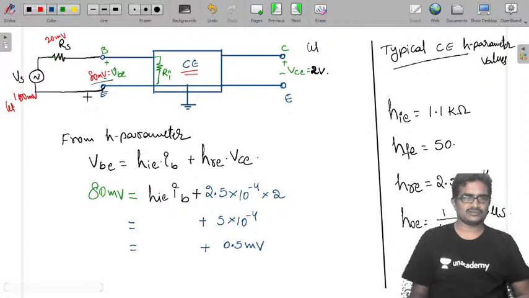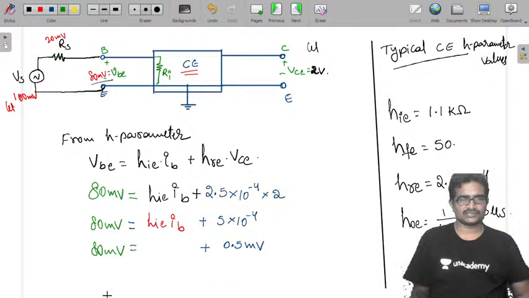equals to, this is the HIE into IB. Here you have 80 millivolts. Now from that, the value of this HIE into IB is 80 minus 0.5, 79.5 millivolts.